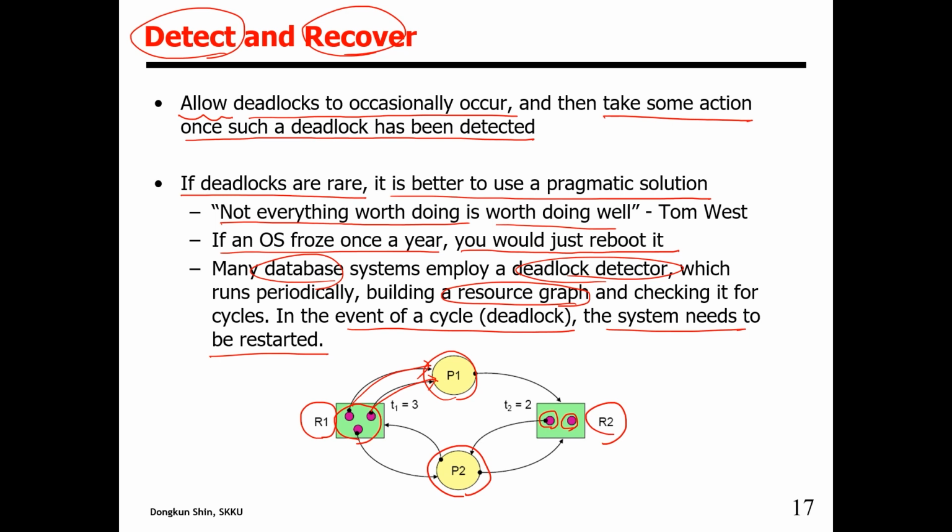P1 used two R1 resources, and P2 is using one R2 resource, and it wants to use another R2, and it wants to use another R1. This resource is allocated for P2, and P2 also wants to use one resource from R2. Using this resource graph, we can know the resource allocation state.